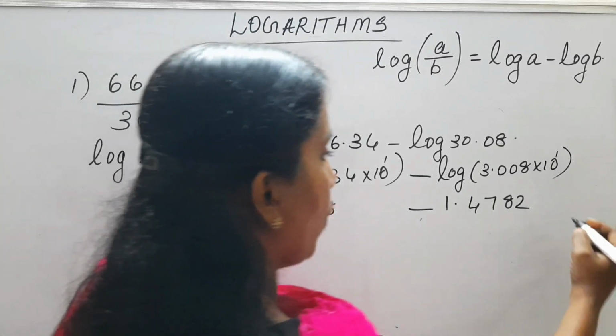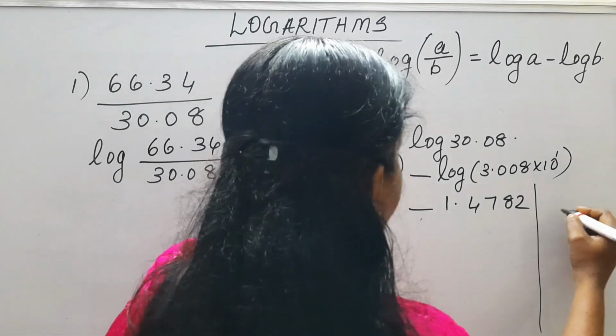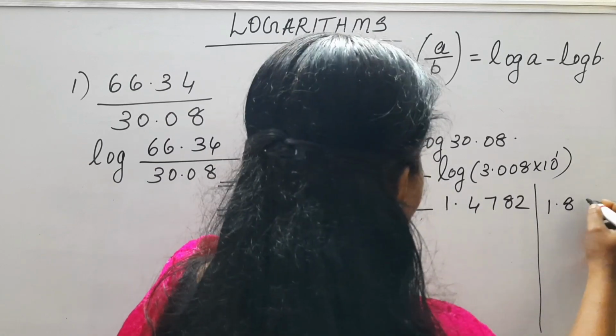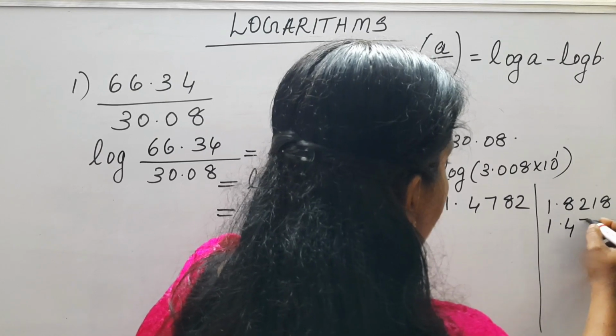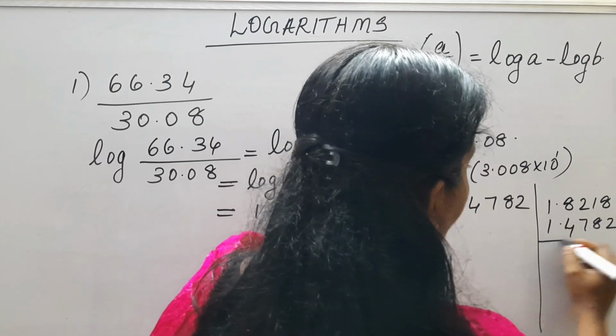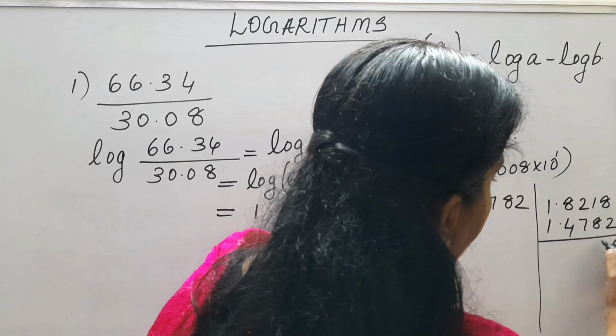You can perform the division, that means subtraction: 1.8218 minus 1.4782.